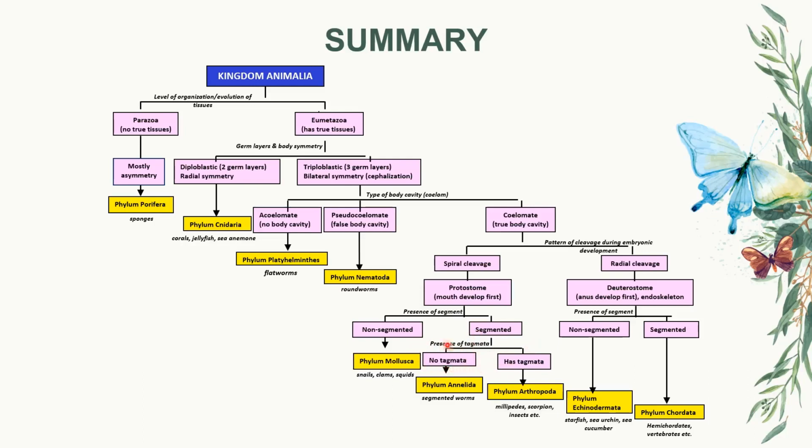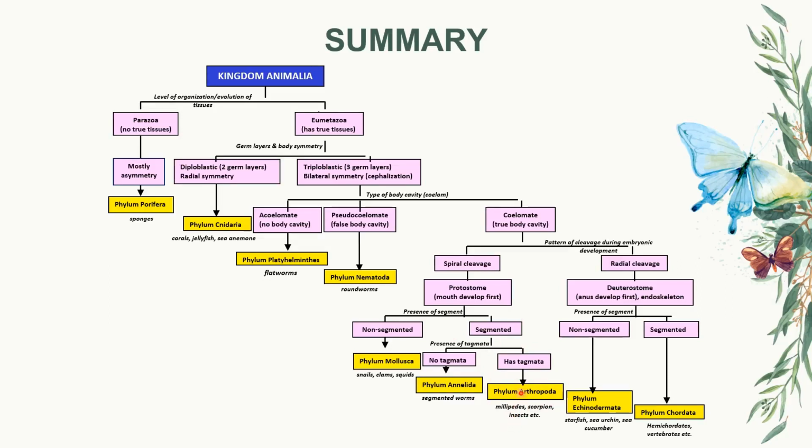If there is metameric segmentation or no tagmata, they are classified under the phylum Annelida, which means they are segmented worms. If they are protostome, segmented, and have tagmata, we classify them as phylum Arthropoda, such as millipede, scorpion, insect, etc.